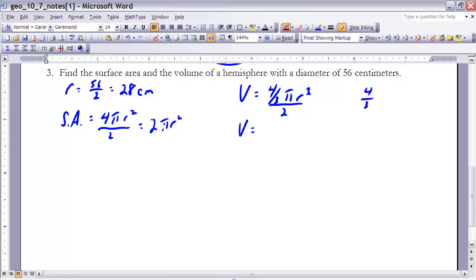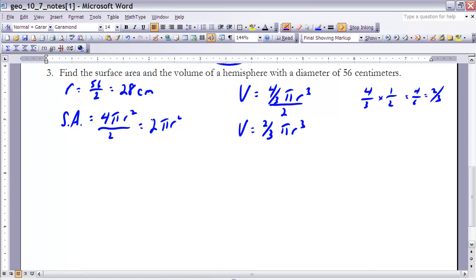Dividing by 2 is the same as multiplying by 1/2. Therefore, I would have the same as 4/6 or 2/3. So the volume would be equal to 2/3 pi r cubed.